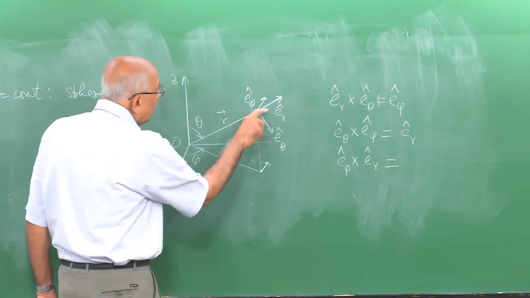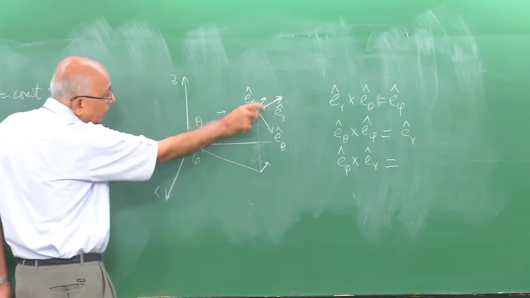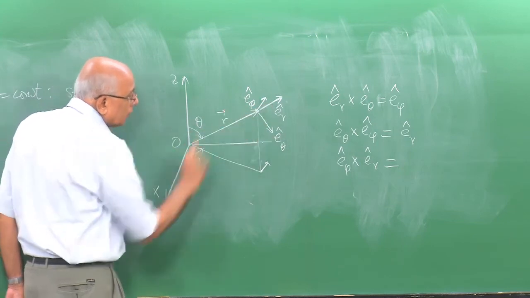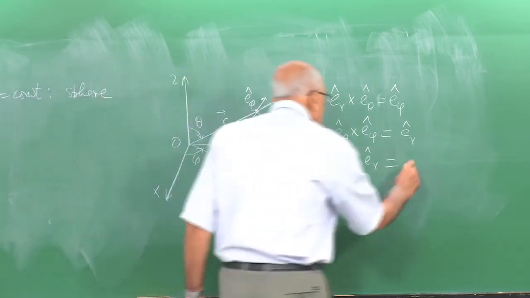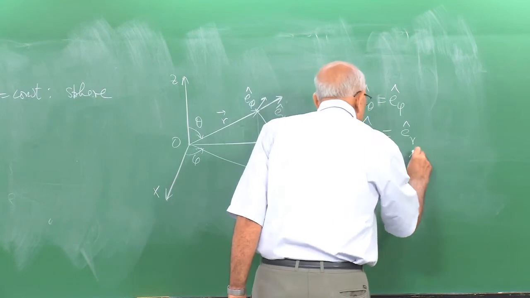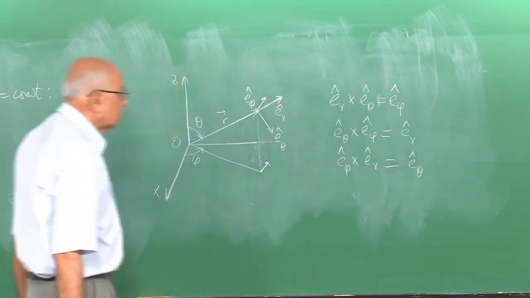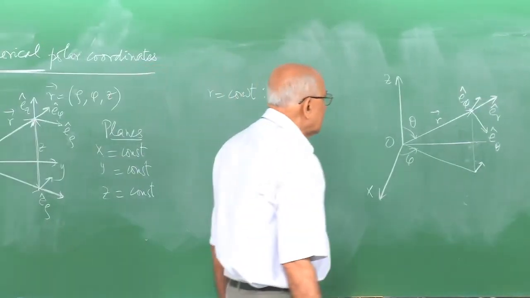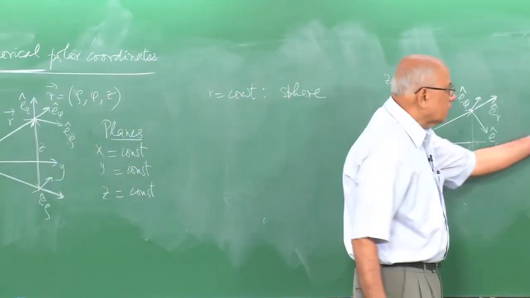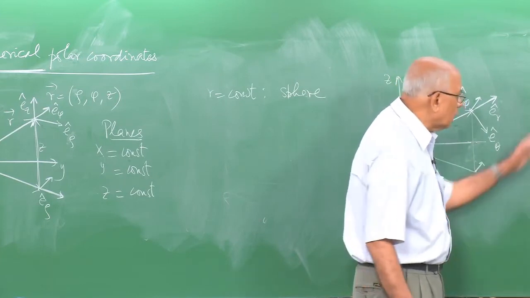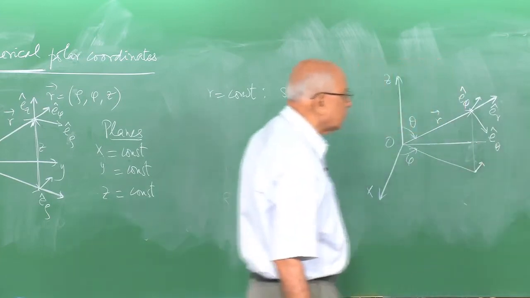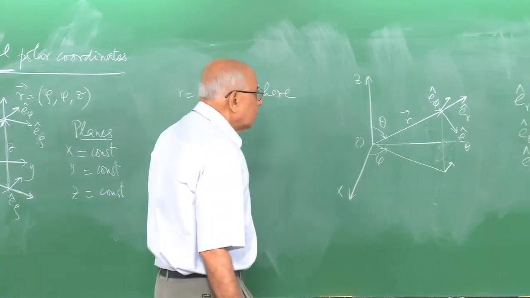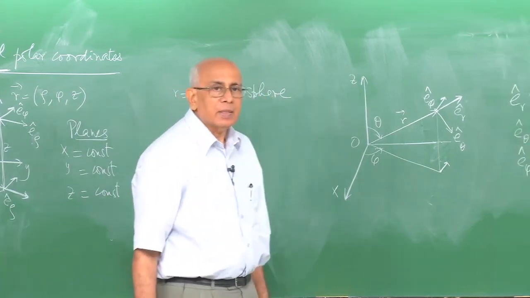So I start with phi and move up a screwdriver, turn this vector into that vector here, and the screwdriver moves in the direction of E theta, like so. So once again we have a right-handed triad of vectors, and we have these cross product relations between them. Of course, the dot product of every vector with itself gives you unity, because they are unit vectors here. What about the line element itself now?